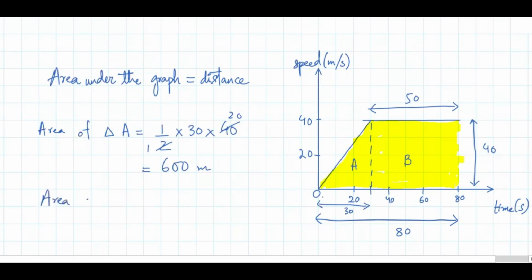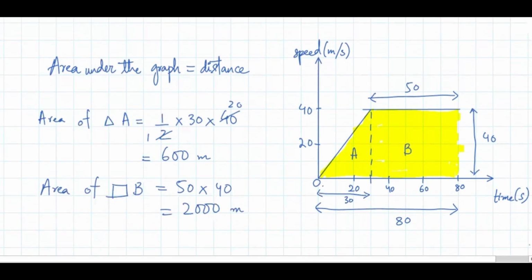And then let's find out what is the area of rectangle B. The height is 40, the width is 50, so you're just going to take a product, which gives you 2,000 meters.